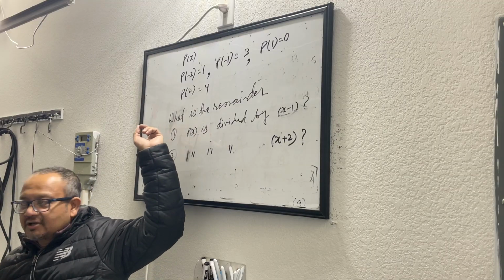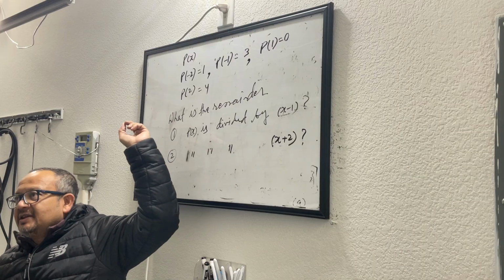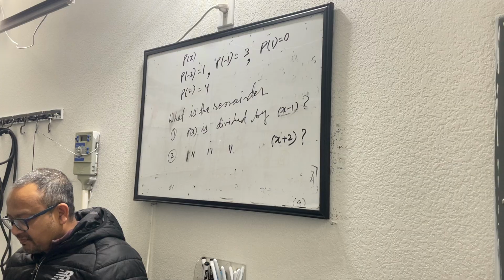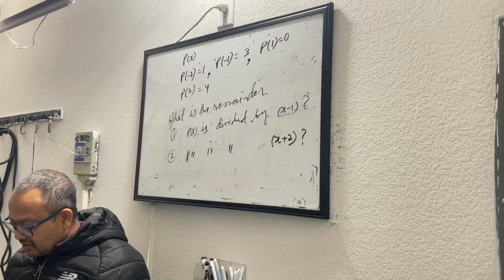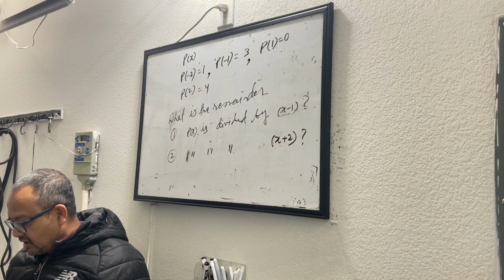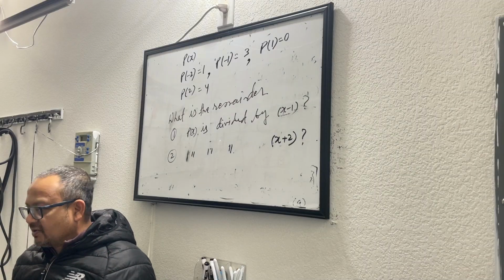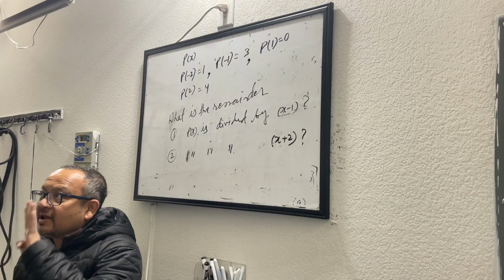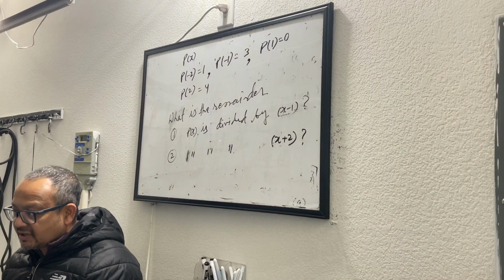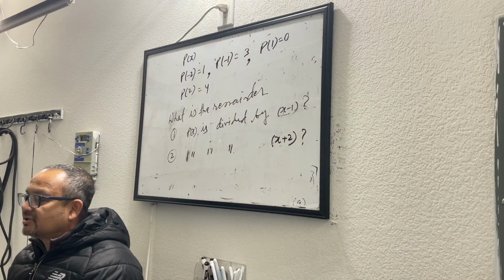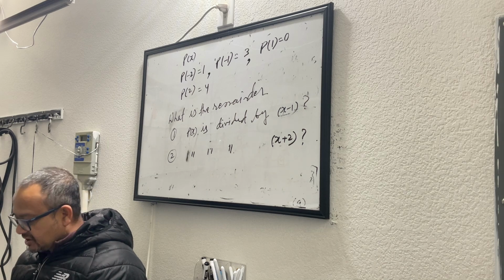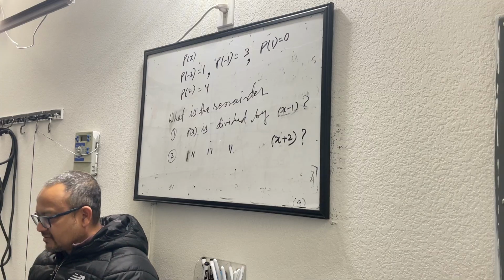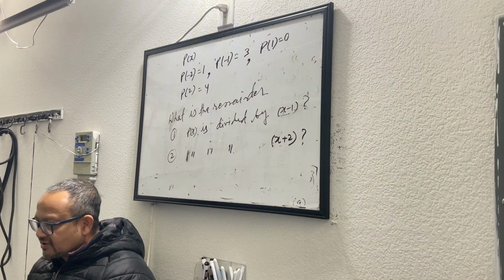For different values, these are the values for which this polynomial is evaluated. When p of minus 2 is equal to 1, p of minus 1 is equal to 3, p of 1 is equal to 0, and p of 2 is equal to 4. I would not term them as options, but there is a lot coming from there. Does it make sense? Yeah. Okay. So I have to answer the questions? Yes, please.